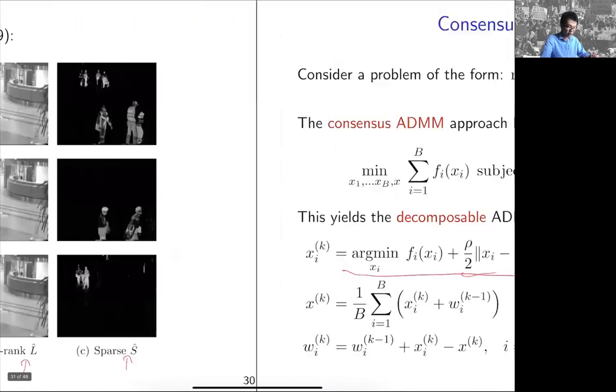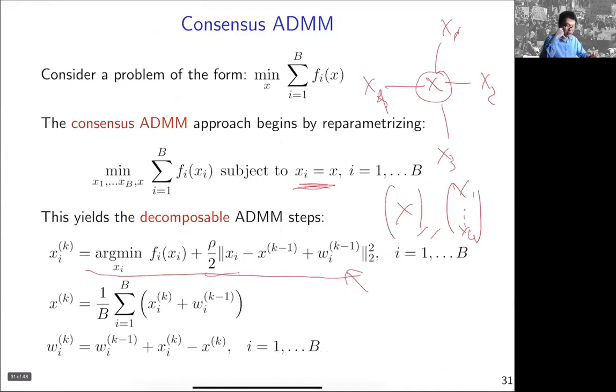There are some practical examples as well, and then we got to consensus ADMM, where we introduce one more dummy variable x, so that we can split these things into two blocks rather than B blocks. That allows us to run ADMM without worrying about not falling into the standard format, because we can concatenate x1 to xB together as one update.